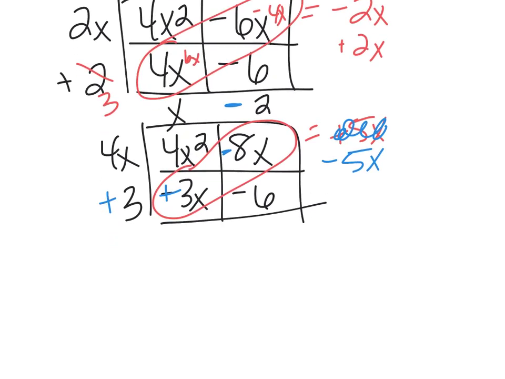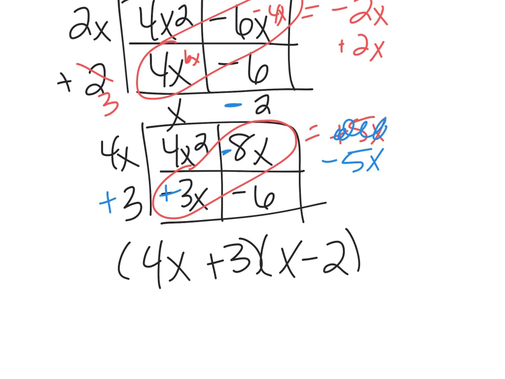This is so I write the answer. 4x plus 3 times x minus 2. I think my answer key was wrong.